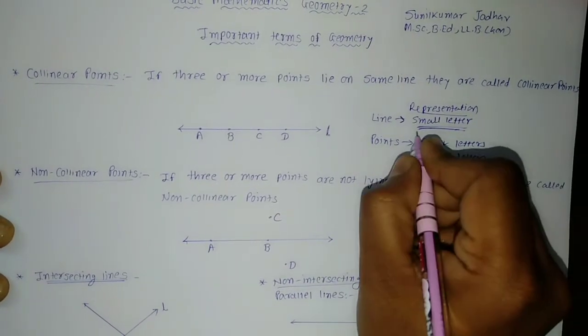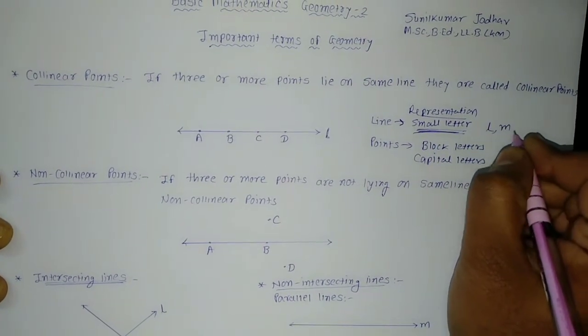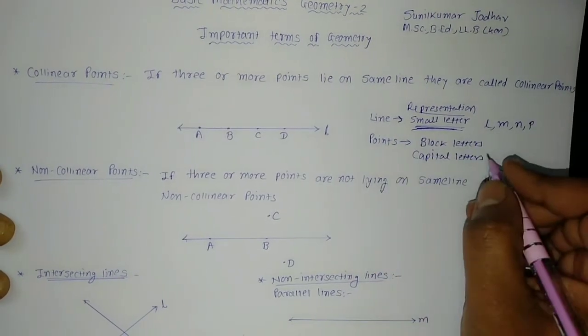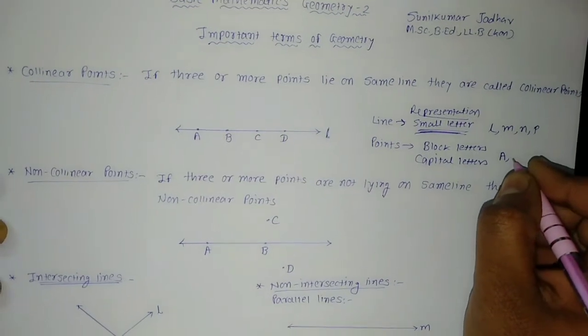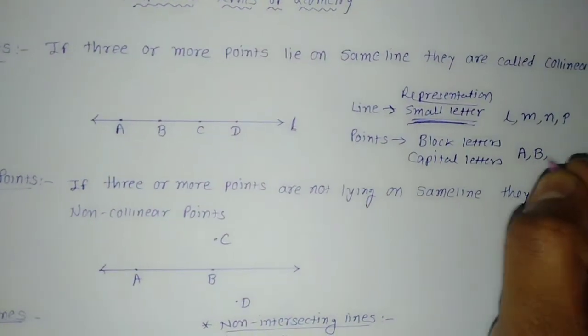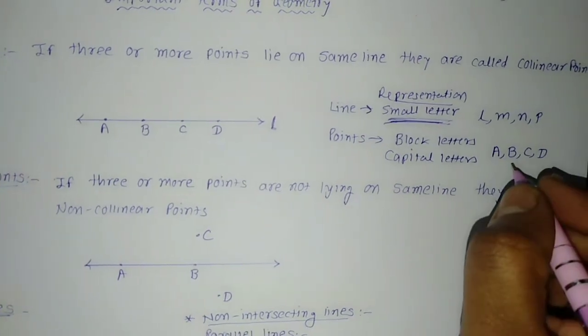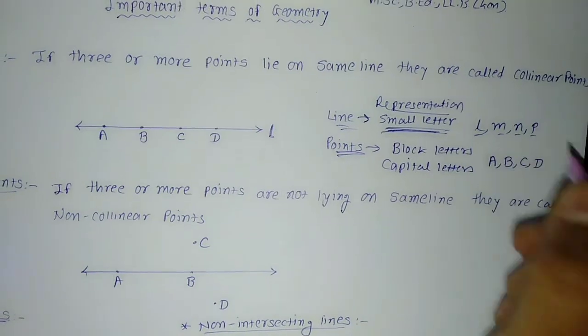Remember this. A line is represented by small letters like l, m, n, p, this way. And while you are writing about a point, remember we have to write it in capital letters, that is A, B, C, D. Such capital letters only you have to use for the points, and for the line you have to use small letters.